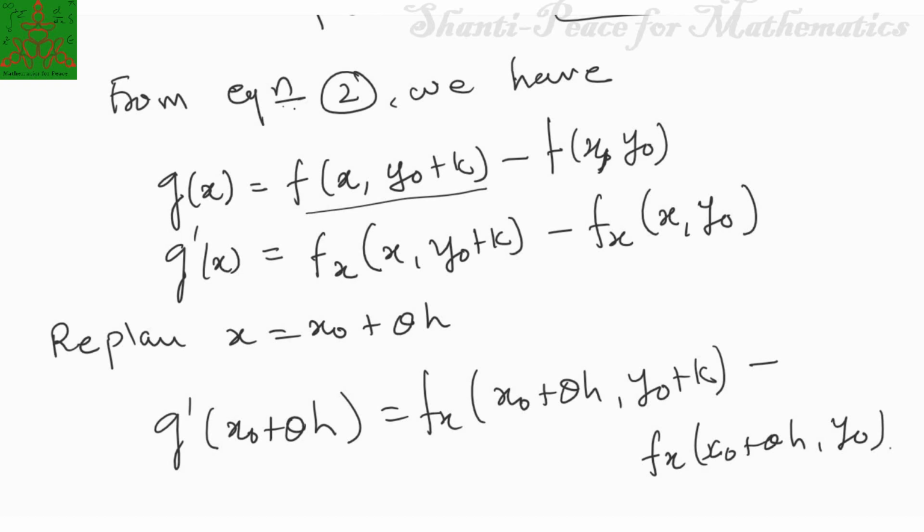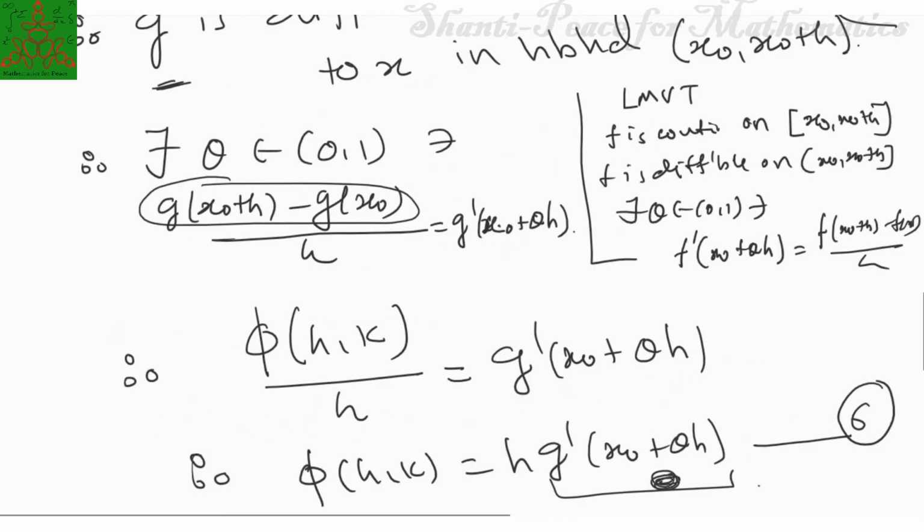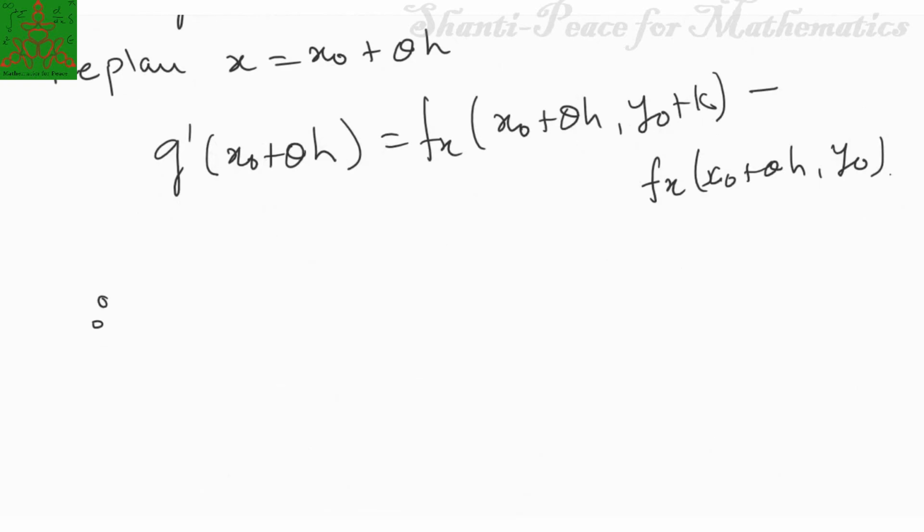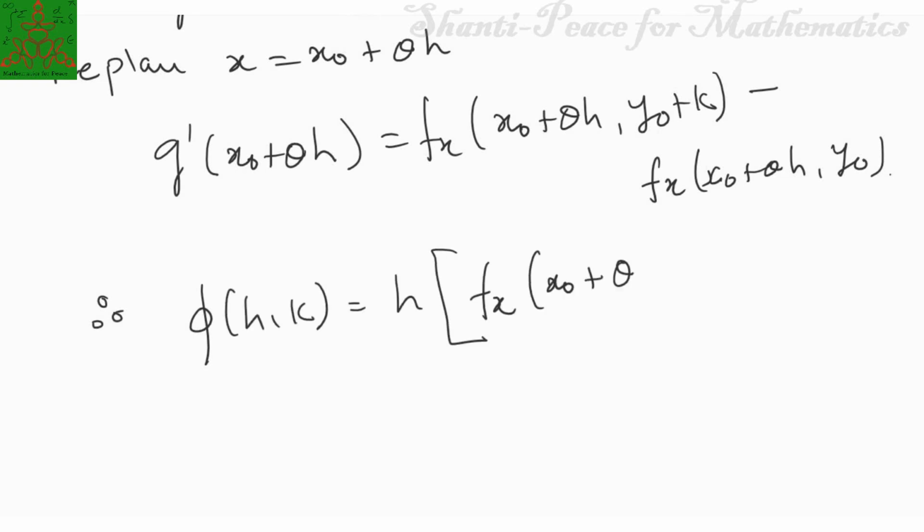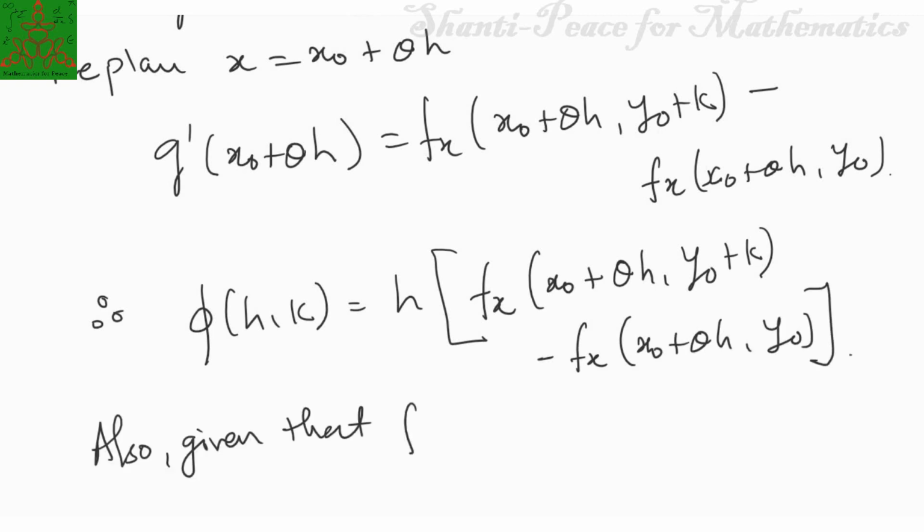Now if you substitute this value into equation 6, we have phi(h, k) = h [fx(x0 + theta h, y0 + k) - fx(x0 + theta h, y0)]. I will call this equation number 7. Also given that fxy is continuous at (x0, y0).